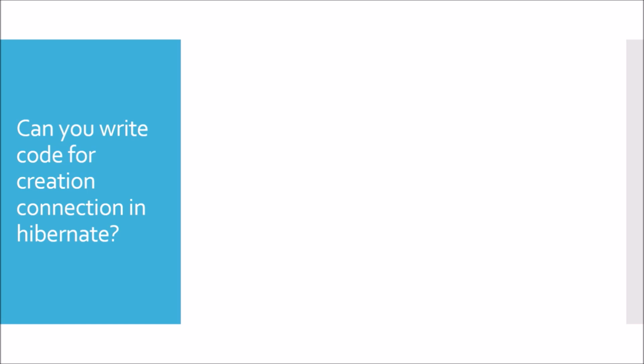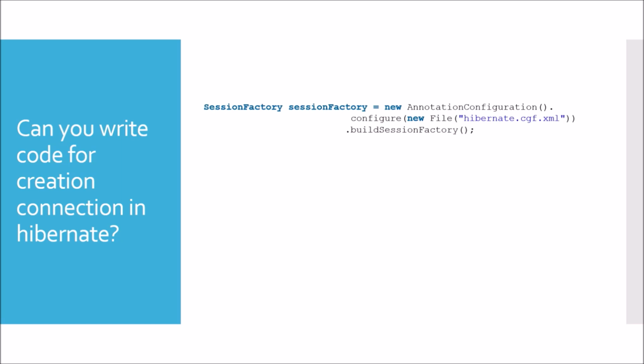To do that, you have to create a session factory object, and this session factory is annotation based we are using. So we are using new AnnotationConfiguration().configure, and we are passing the configuration file and then calling buildSessionFactory to get an object of session factory. Now this session factory is used to create a session.